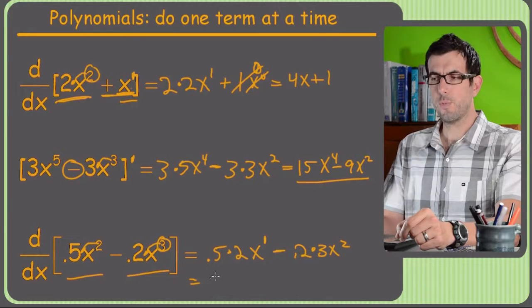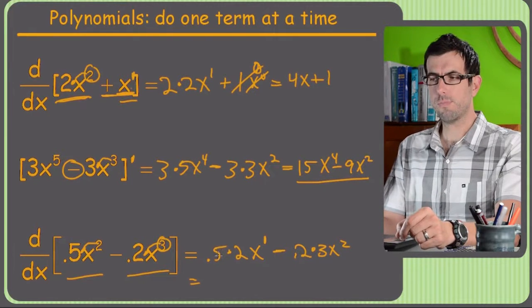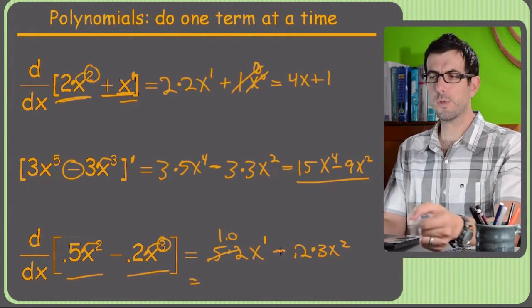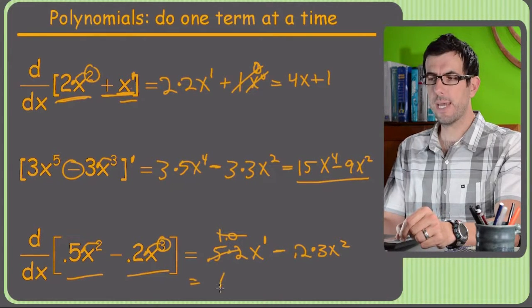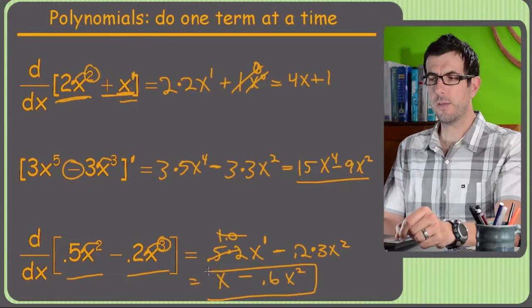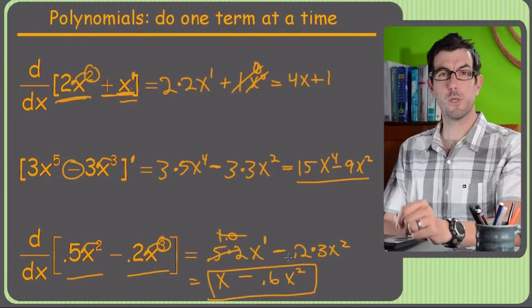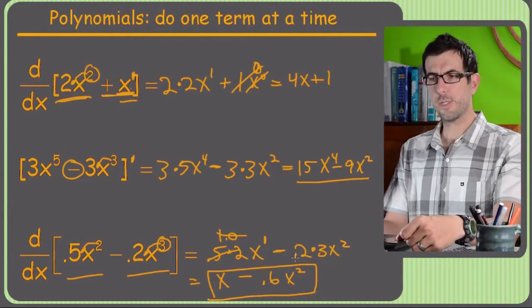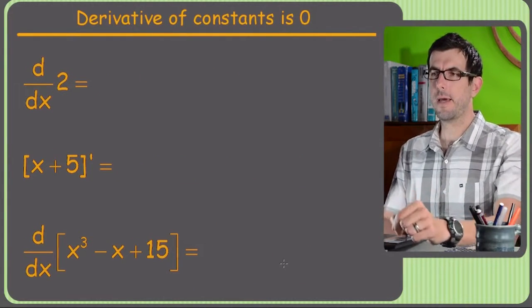So 0.5 times 2 is just 1. Right, we don't even need to write it, it's just a 1, so just x minus 0.2 times 3 is 0.6 x squared. You don't see a lot of decimals in calculus. It's pretty much always fractions. You'll occasionally see pi. Not a lot of decimals.